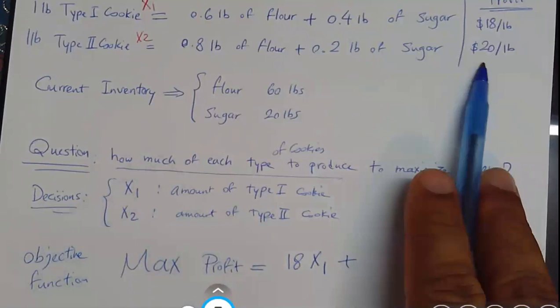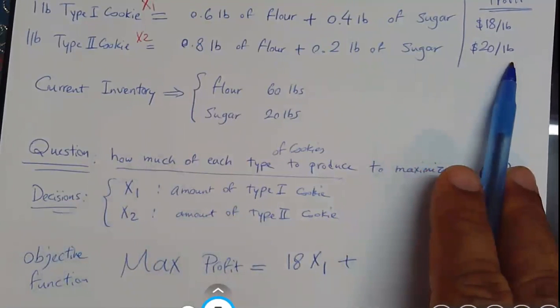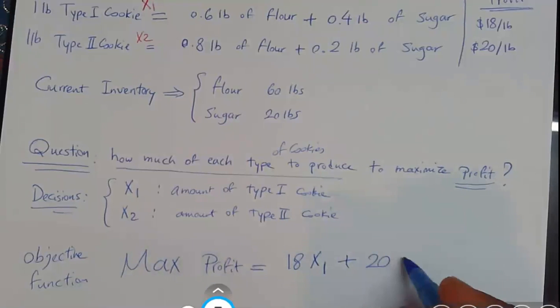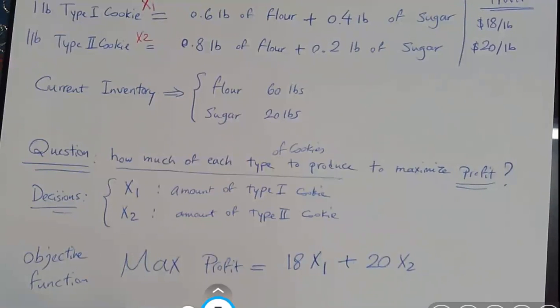I'm making $20 per pound of type 2 cookies, and I'm making X2 pounds of type 2. So 20 times X2 would be the total profit coming from type 2 cookies. All right? So that is my objective function.